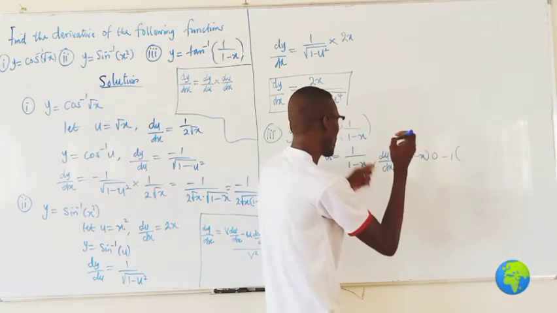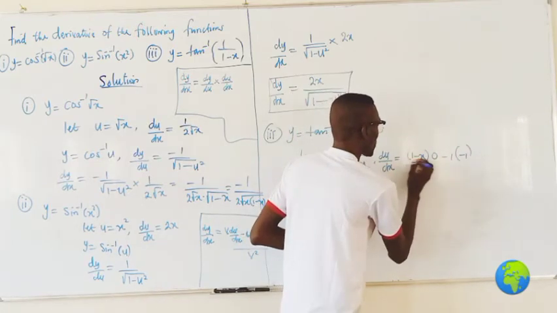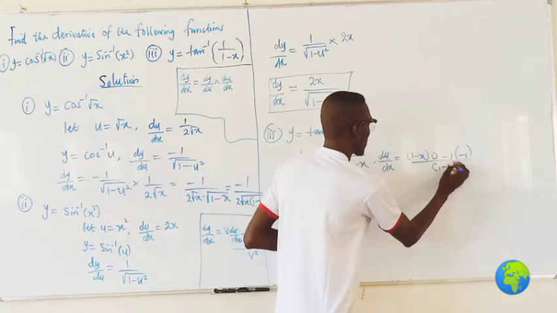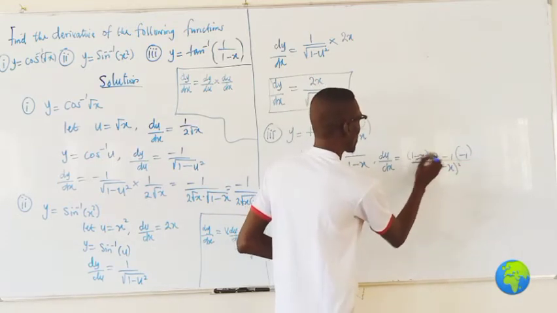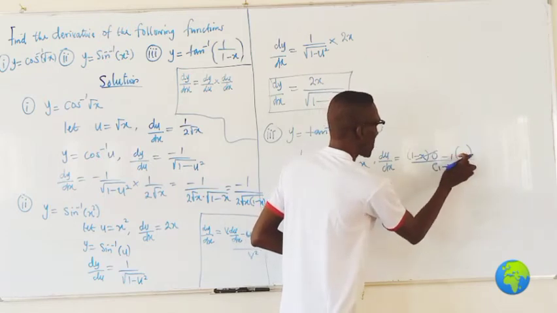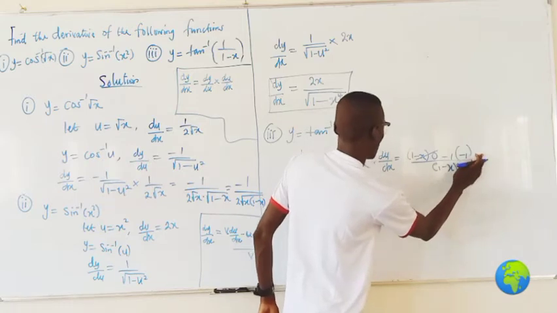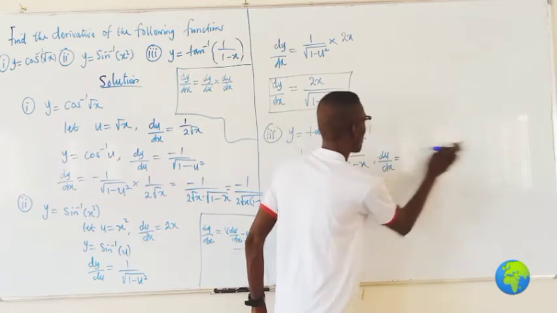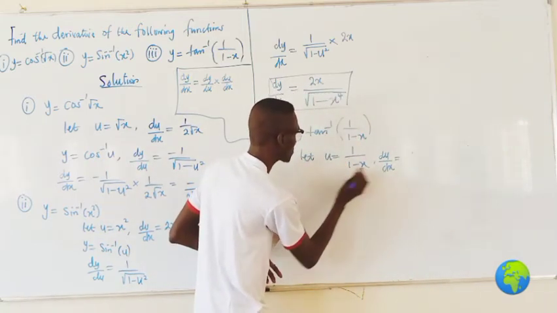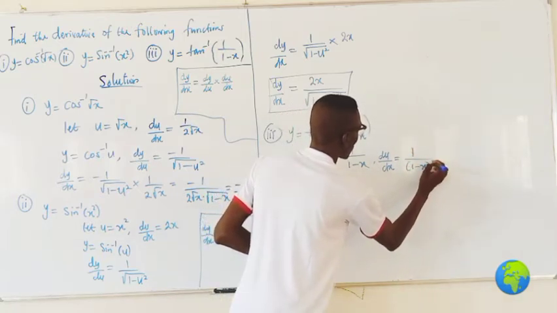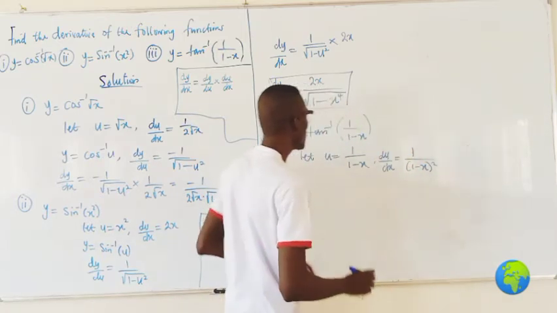If you differentiate v, you are going to have minus 1, over v squared. v squared is 1 minus x all squared, right? So this part is gone. Minus 1 times minus 1, that's going to be a positive 1. So, positive 1 over, open bracket, 1 minus x, all squared. This is our du/dx.